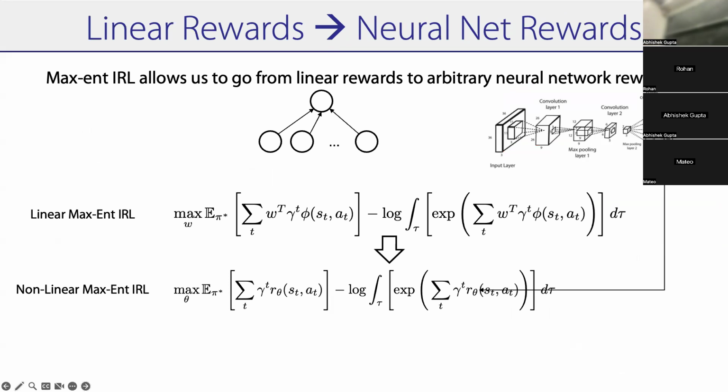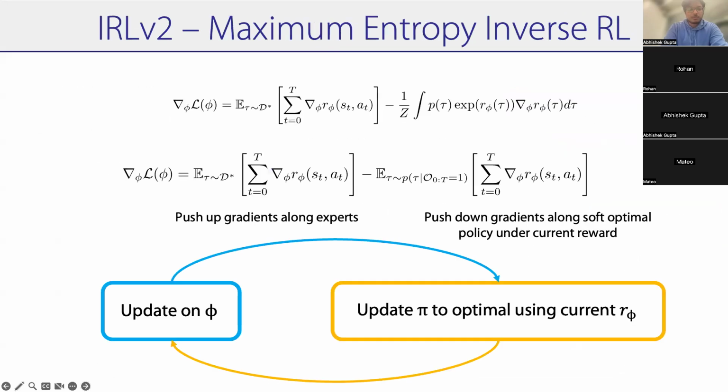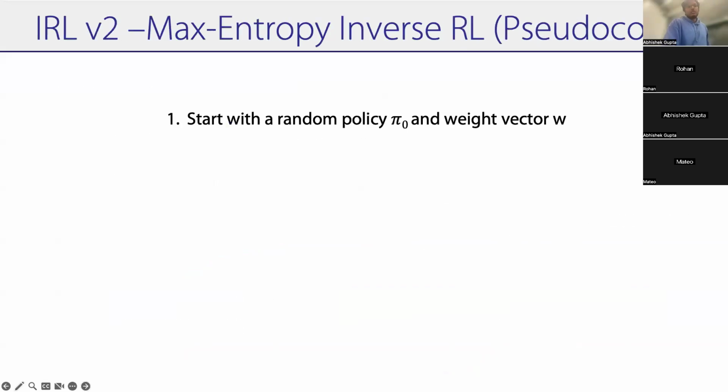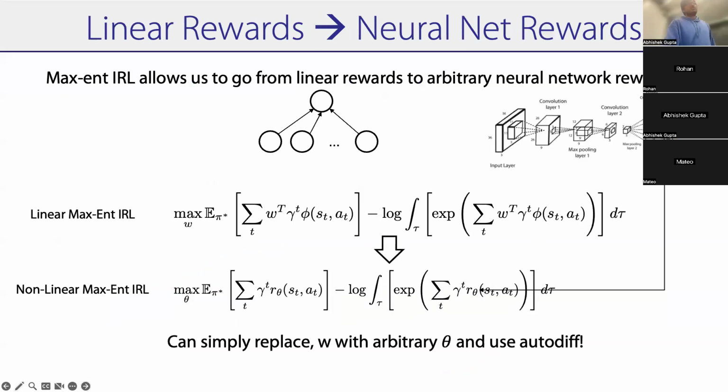If you go back to the thing that we computed, it's just gradients. This could be a neural net. They don't have to be on weights and linear things, right? You can just represent this whole thing by neural nets. And so the nice part about MaxEnt IRL is that you can go all the way to nonlinear functions like a neural net, and you can just use auto differentiation to compute these gradients, right? Nothing in the framework says that you can't do that.